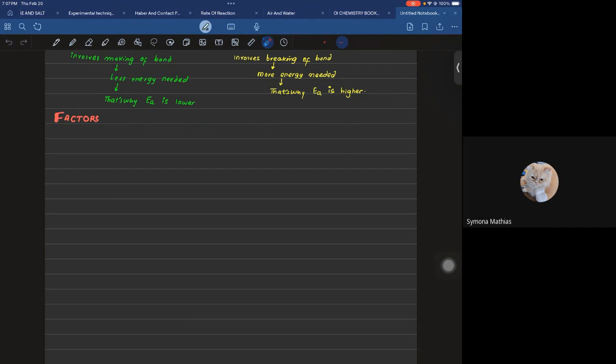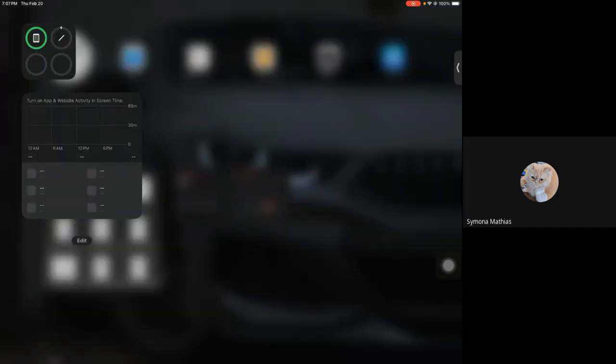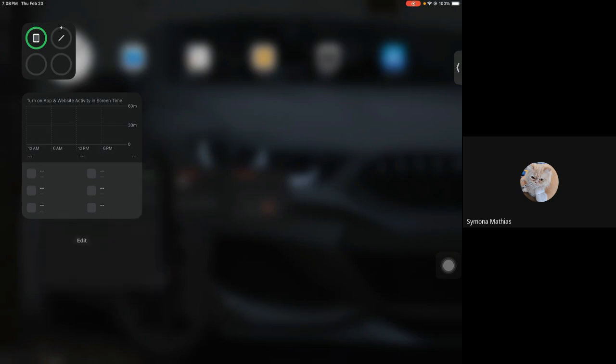We discussed there are three types of halogenoalkanes: primary, secondary, and tertiary. The rate of hydrolysis is higher for tertiary halogenoalkane and lower for primary halogenoalkane, because tertiary halogenoalkane is more stable.